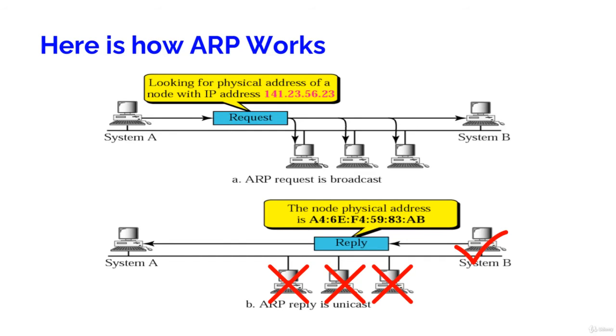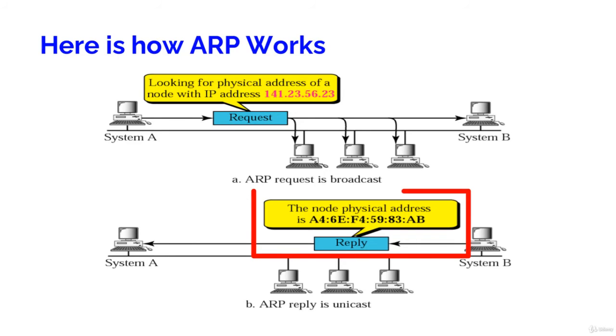When the targeted device checks the target protocol address, it will find a match and will generate an Address Resolution Protocol reply message. So as you can see in the first picture, System A has sent a broadcast message to each and every computer on the network. System B finds a match because System B's IP address is 141.23.56.23. So B says, hey, it's a match, and therefore B replies to A's broadcast message with its own MAC address.